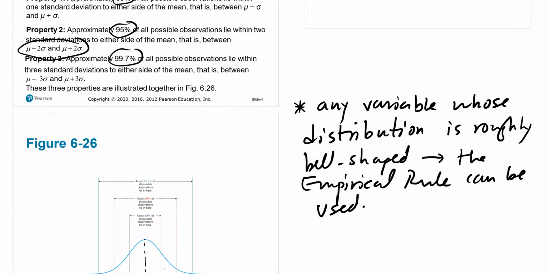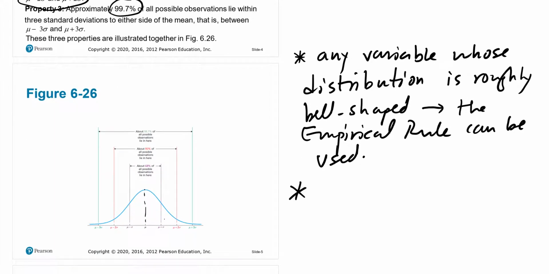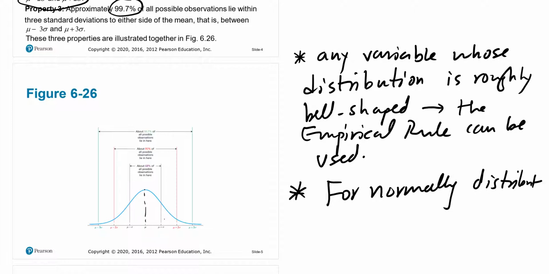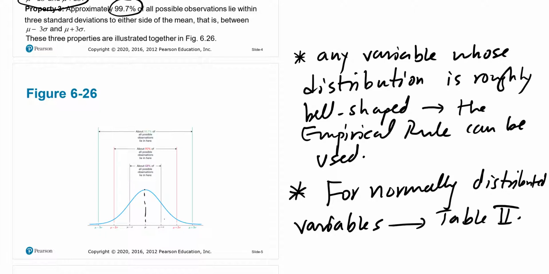I'll show an example in a minute of how we use it. But for normally distributed variables, we use table 2. So this is important.